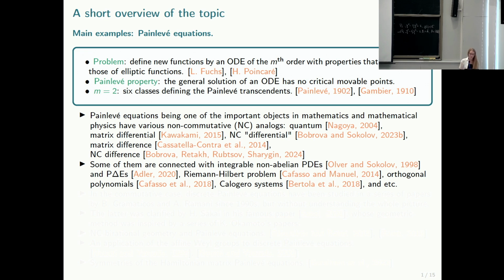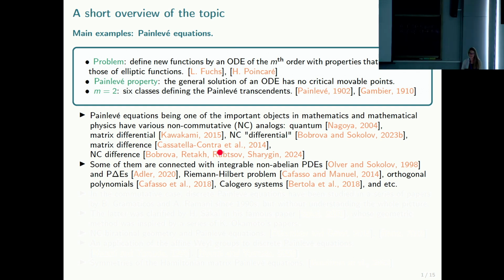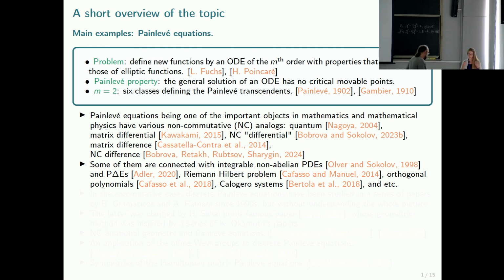As I said, some of the Painlevé equations are related to non-abelian PDEs, difference PDEs, to the Riemann-Hilbert problem, to the orthogonal polynomials, to the Calogero systems, etc. This is a very huge area of studying non-abelian, or better to say non-commutative Painlevé analogues.